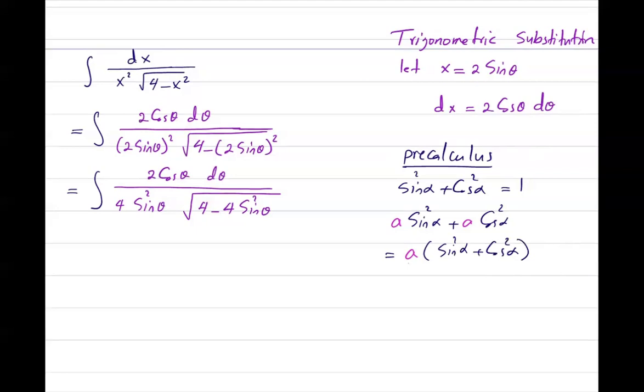And it is equal to a times 1, or just a. So in more general form, if you have k squared sine squared of alpha plus k squared, it must be the same number, everybody, k squared cosine squared of alpha, it is equal to k squared.